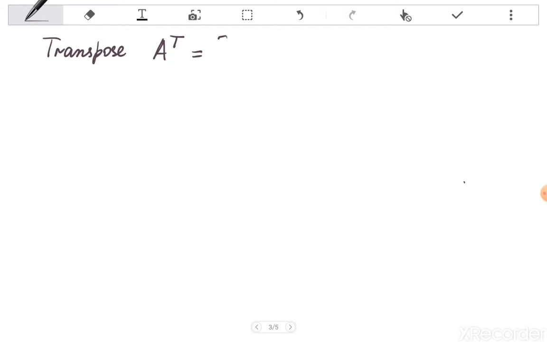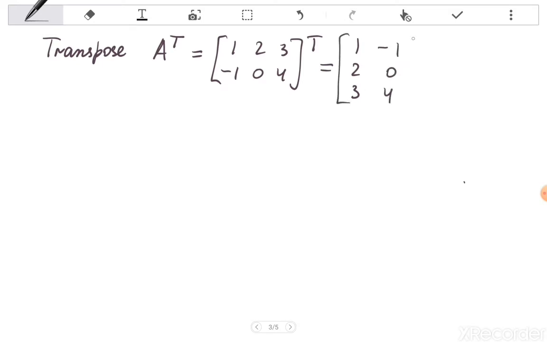For example, if you want to take the transpose of the matrix 1, 2, 3, minus 1, 0, 4, it means that we look at rows and write the first row as a column and the second row as a second column. So this is the transpose of the matrix A.